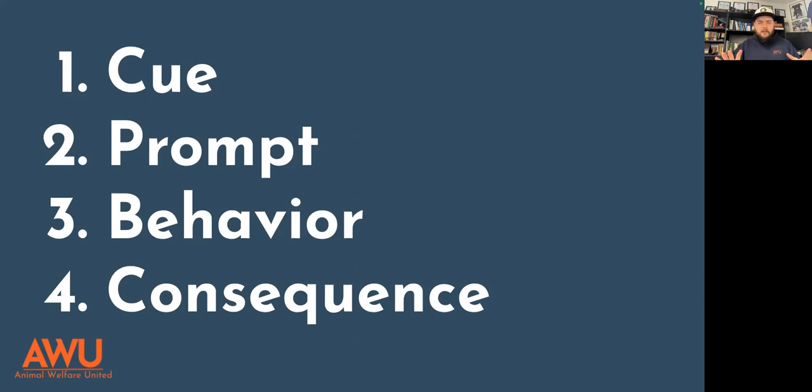But as far as I'm concerned, 9 times out of 10 or 99 times out of 100, we should be using this sequence: cue, prompt, behavior, consequence. We should be saying the cue before the behavior happens and then delivering the consequence after. Consequence definitely has to come after. We don't deliver consequence before the behavior, right? So cue, prompt, behavior, consequence. Say something, dog does it, they get a consequence.